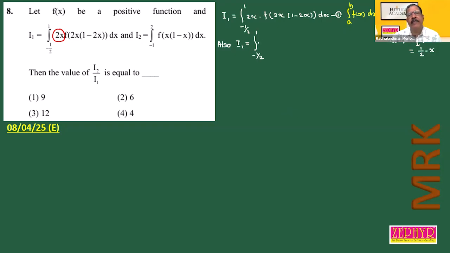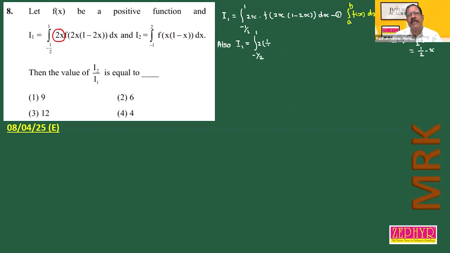What are you getting? 2 into, in the place of x, I am writing 1 by 2 minus x. Even though you are doing 1 or 2 or 3 questions in a session, you should know the method.